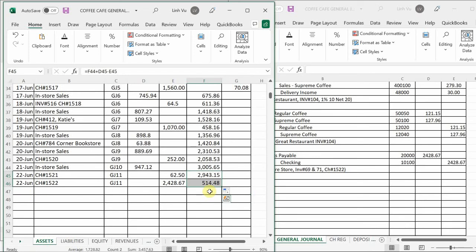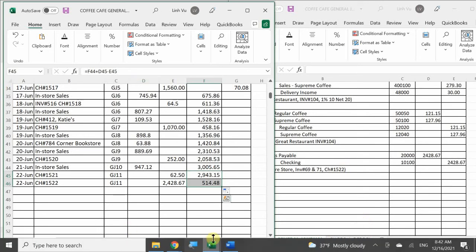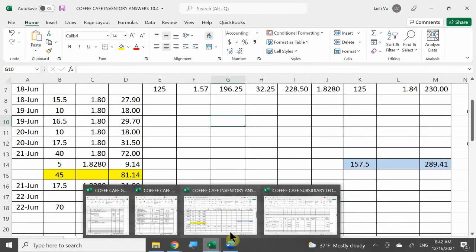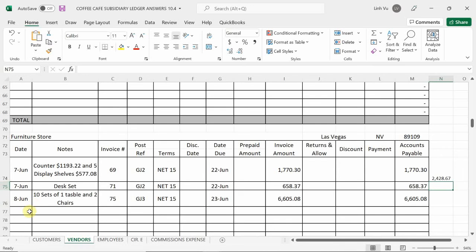Okay. What's next? We go to the subsidiary ledger. Oh, sorry, wrong one. All right, there you go, subsidiary ledger.